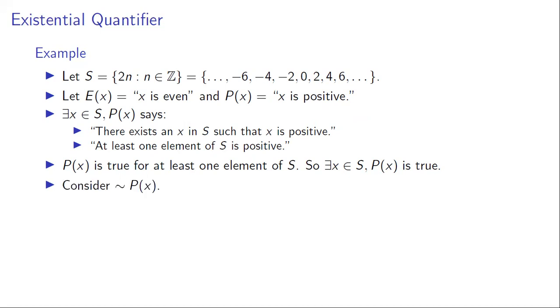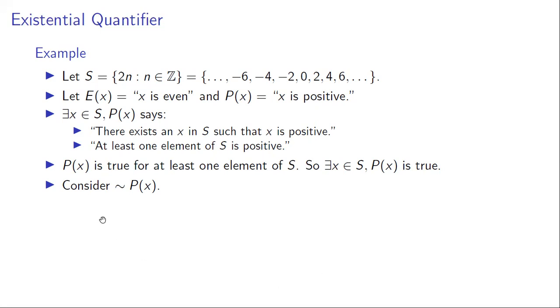Now consider not P of X. So what does that say? That says that X is not positive.